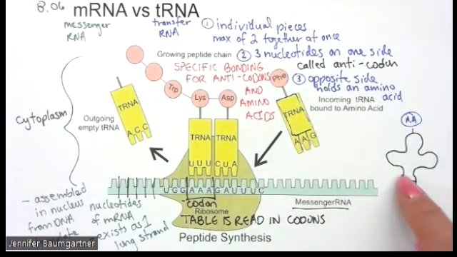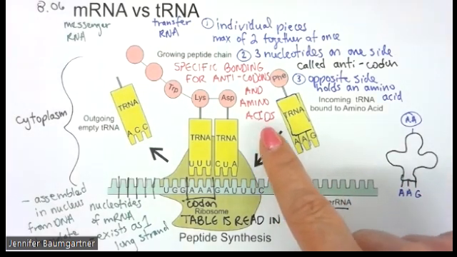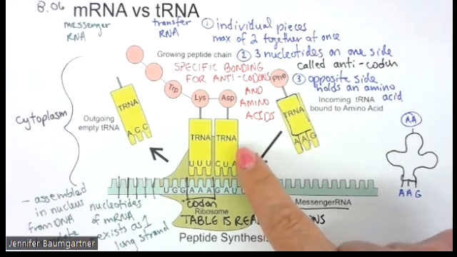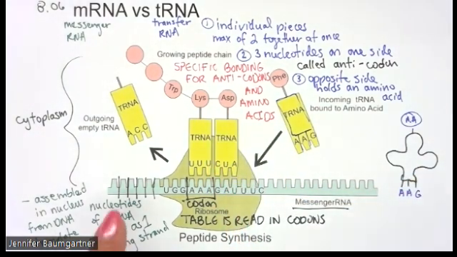Again, they show it as a little block. It's actually a clover. One side has 3 nucleotides called the anticodon. The other side has an amino acid, and it's specific. This anticodon can only contain phenylalanine. This one can only contain aspartic acid. This one's lysine, and so on and so forth. The ACC was tryptophan. And what we're going to see is your body uses this like a code to build proteins. If that doesn't blow your mind a little bit, I don't know what will, because it is a super, super cool concept.